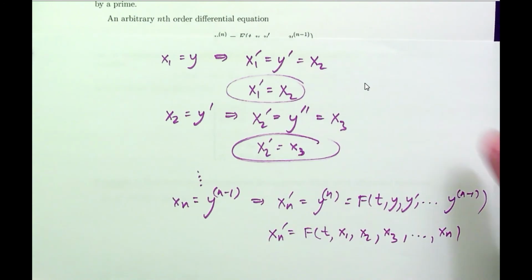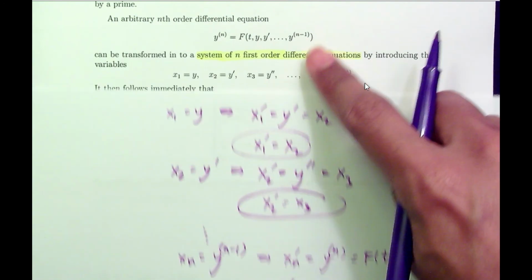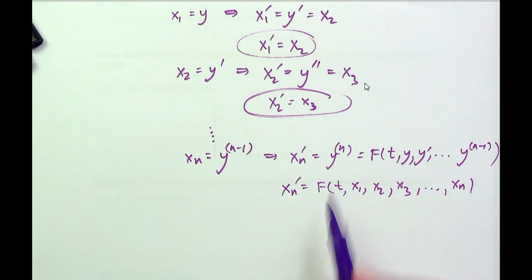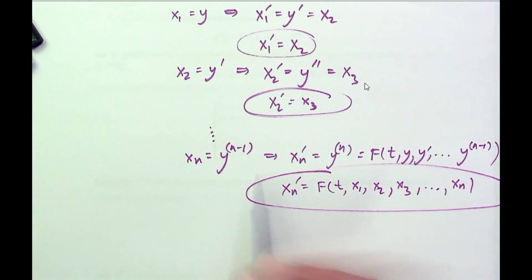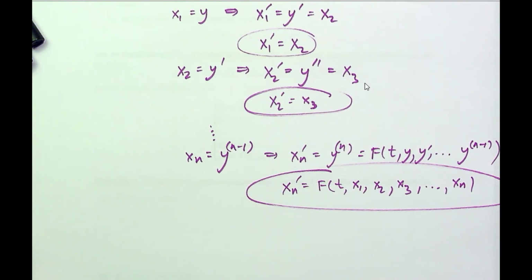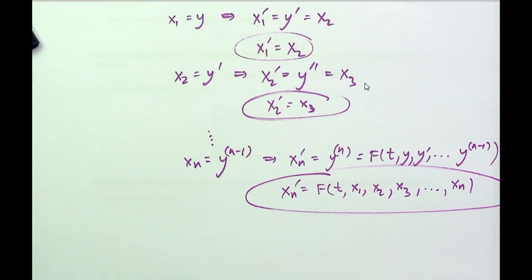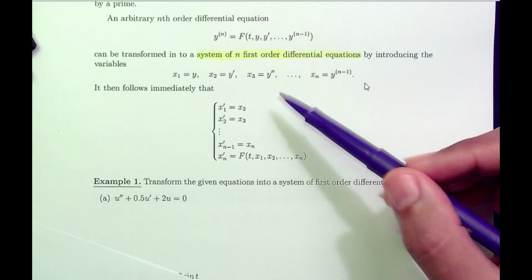Xn is the n minus 1th derivative. And now this is the equation in terms of the dependent variables that were introduced, x1, x2, etc. So this would be your last equation in your system. So the system is going to be this.